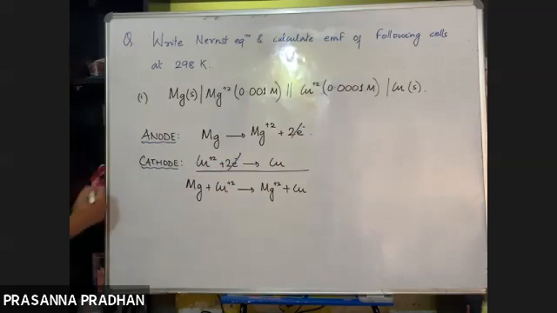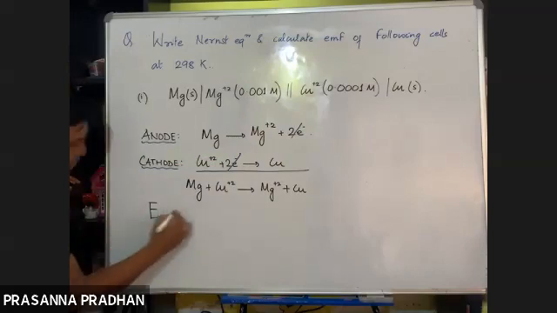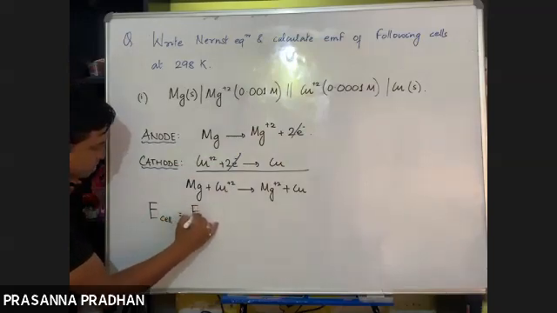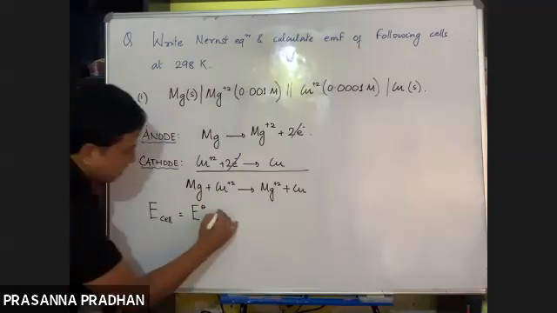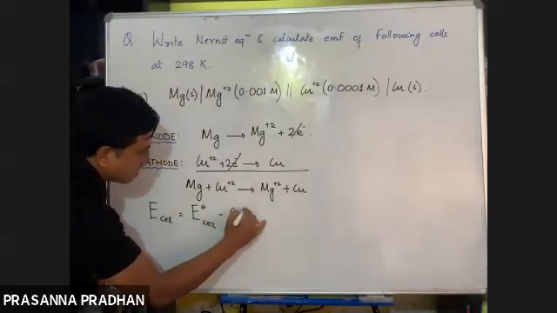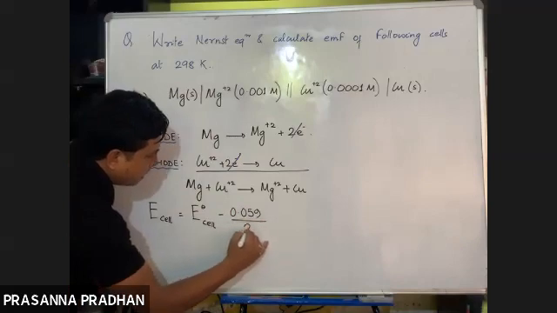So now how am I going to write down the Nernst equation for this? E cell will be equal to E naught cell. So again, how do we calculate this E naught cell? E naught cathode minus E naught anode, minus 0.059 divided by N. What is the value of N? 2.